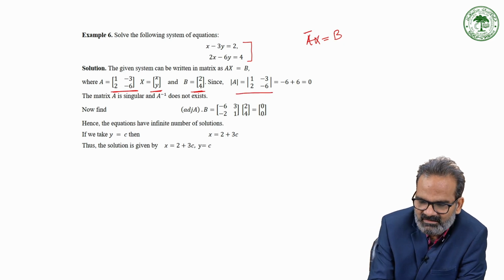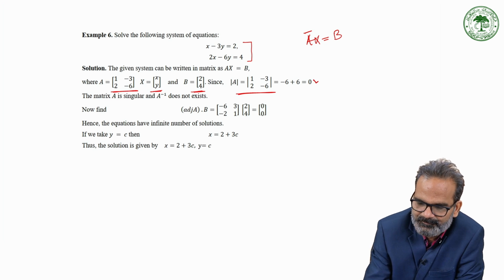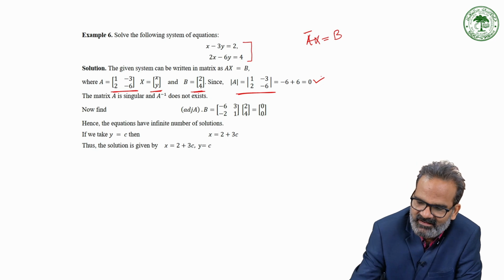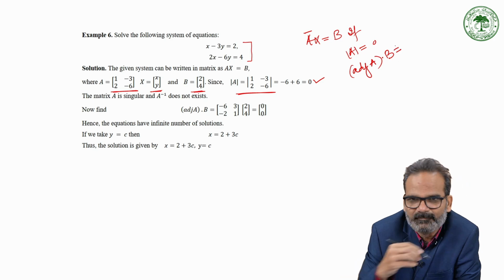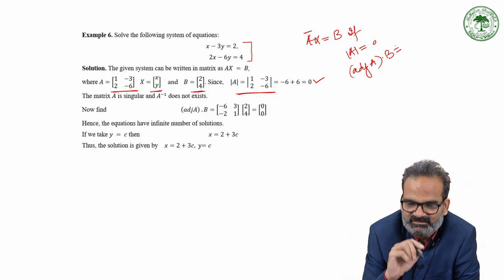Now write down its determinant as a first step. Its determinant is coming out to be 0, right? So naturally, if the determinant of the matrix is equal to 0, then what we do is calculate the adjoint of A and multiply it with B. It is either a null matrix or a non-zero matrix.